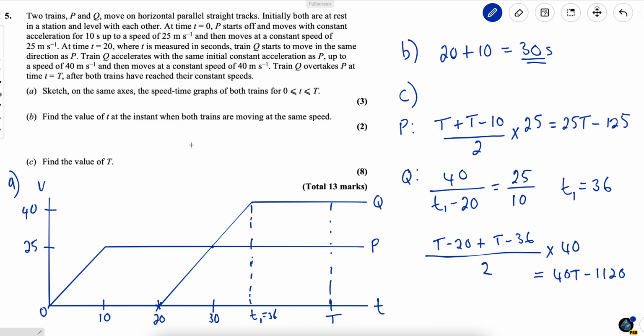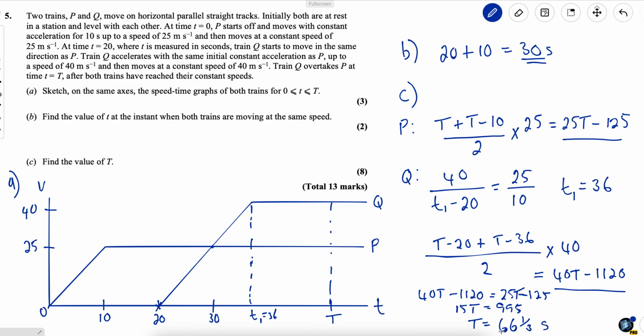The distance travelled, as I said, when one is overtaking the other, at that instant they've travelled the same distance. So this distance here will be equal to this distance here. So I just need to set those equal to each other: 25t minus 125 equals 40t minus 1120, and that gives me 15t equals 995, so t equals 66 and a third seconds.